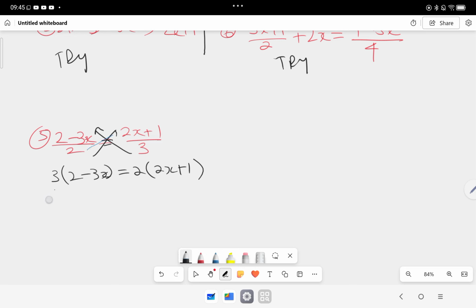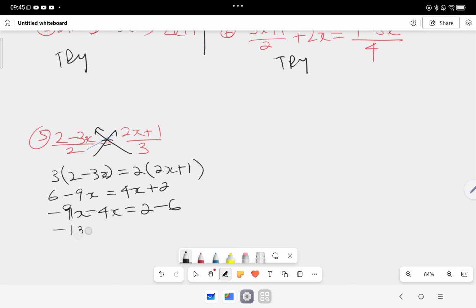Now multiply out: 6 minus 9x is equal to 4x plus 2. So we have done the parentheses. Now in simplified form, bring x to the other side. It is better to keep x on the left hand side, so minus 9x minus 4x equal to 2 minus 6.